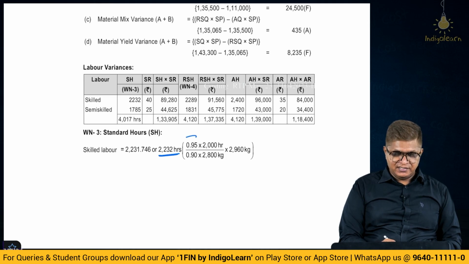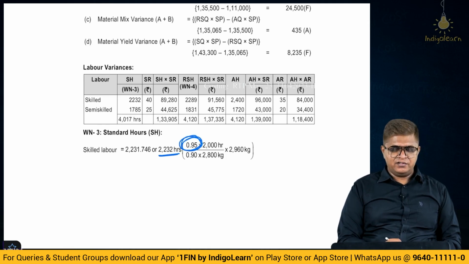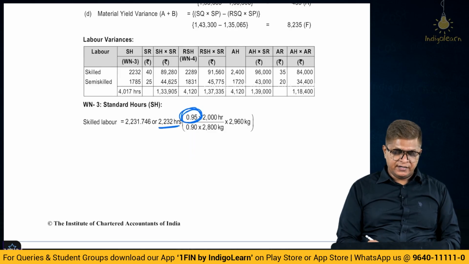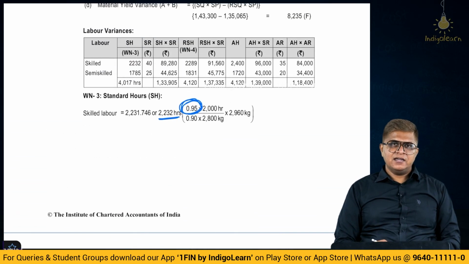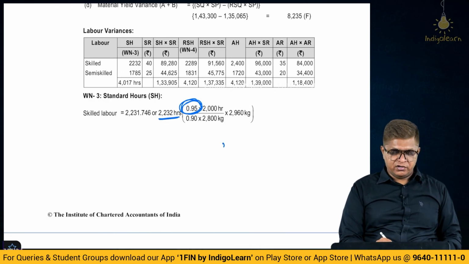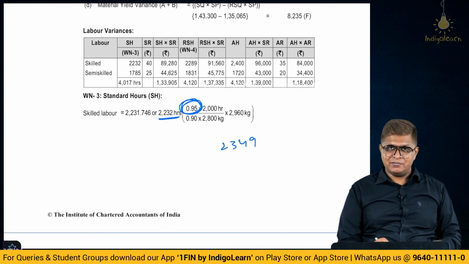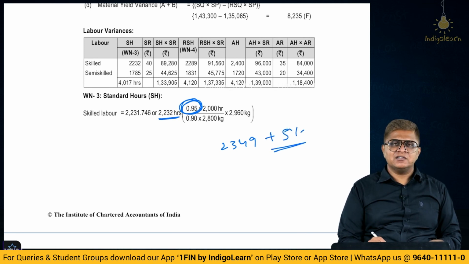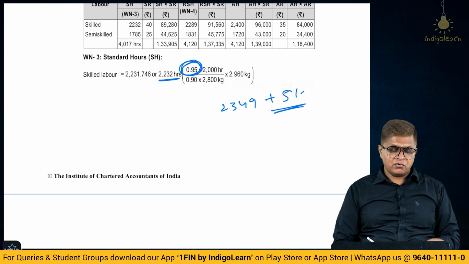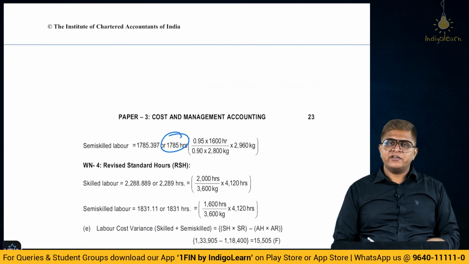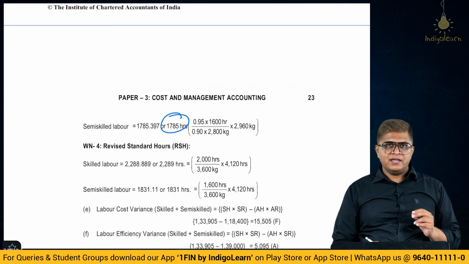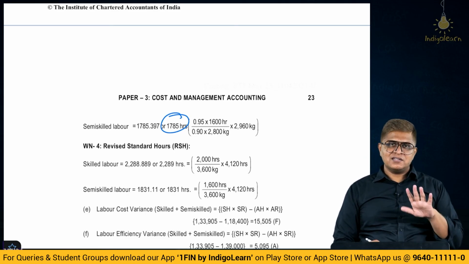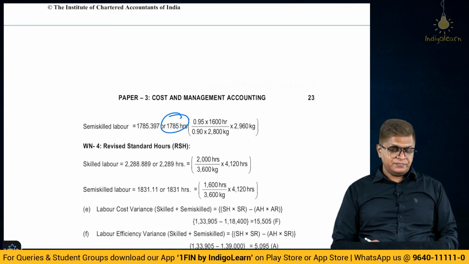They have multiplied this by 0.95 and arrived at 2232 and 1875, whereas my understanding is it has to be either 2349 as we calculated from the standard table, or if you assume that idle time is not included, add another 5% for it. But anyways, they have done what they have done. So subject to that, you can look at the question and understand how it is being solved. As far as the computation of variances is concerned, it is very simple and straightforward.